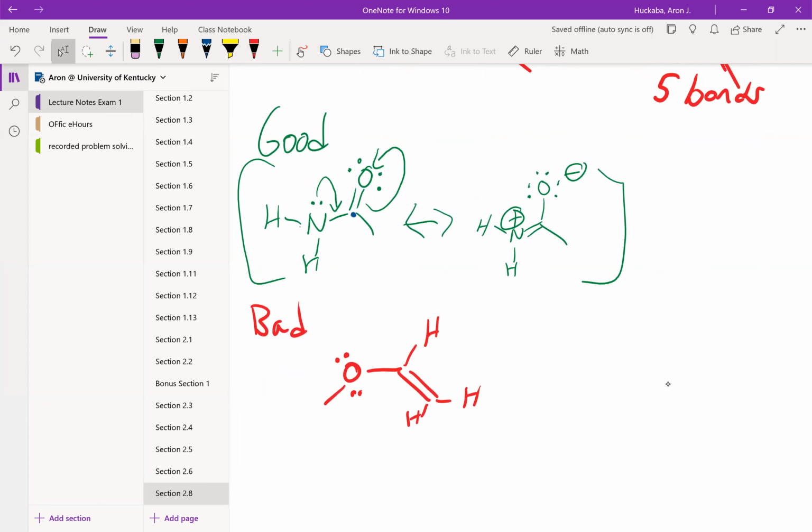A bad use of an arrow would be for them to go opposite. Instead of it going from a bond or a lone pair to a bond or an atom, instead it would go the opposite way. So if you draw it this way, then it looks like you are breaking a sigma bond.